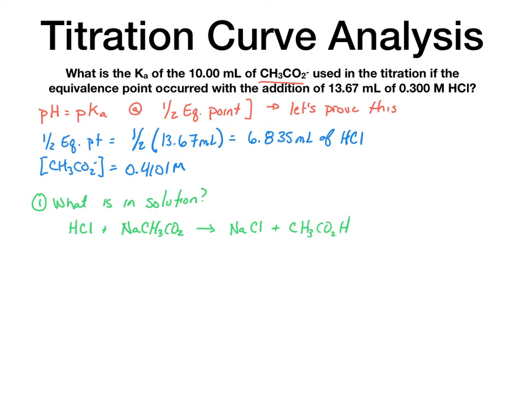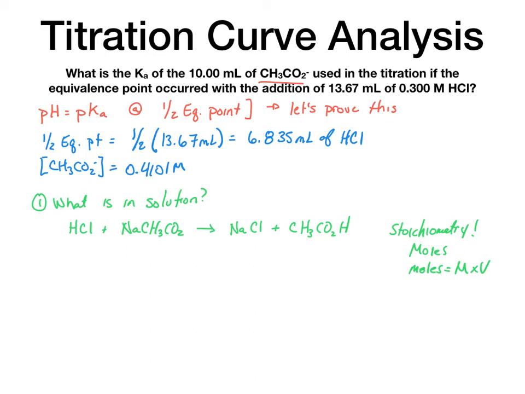Okay, so what is in solution? To do this, we have to do stoichiometry, which means we have to use moles. And we know that moles are equal to molarity times the volume.